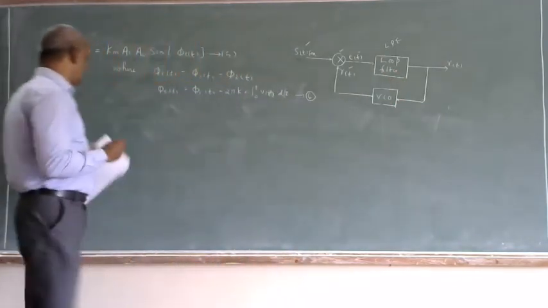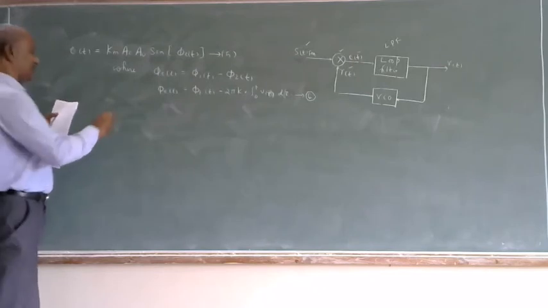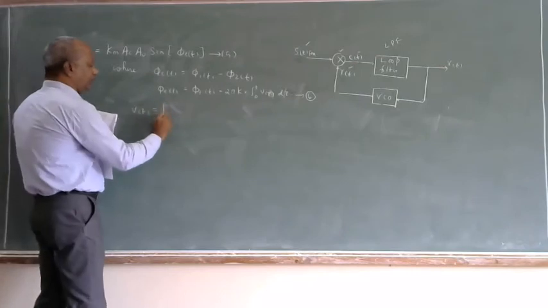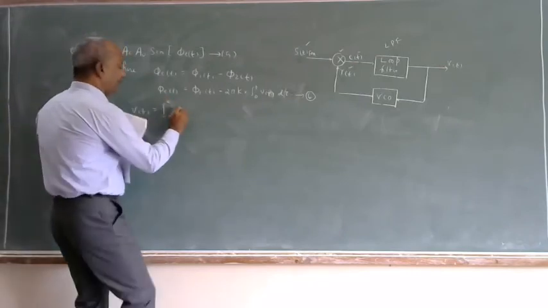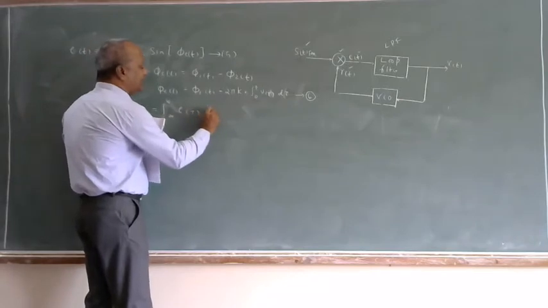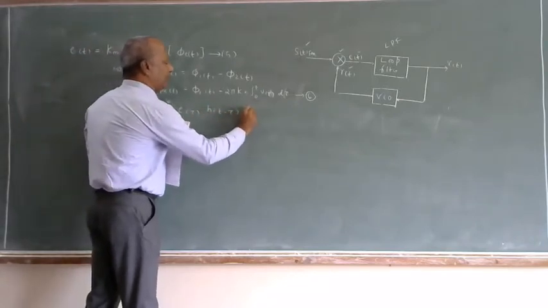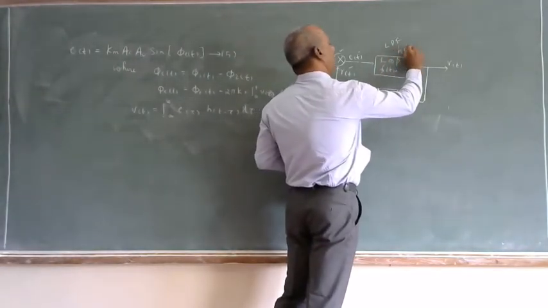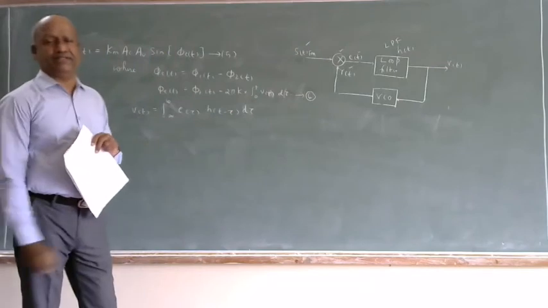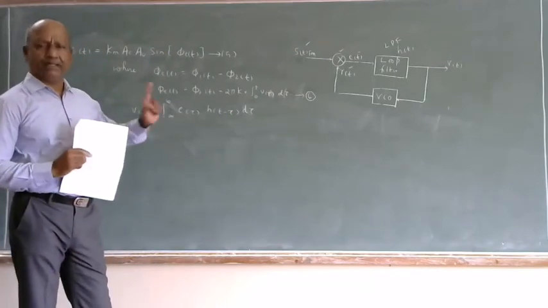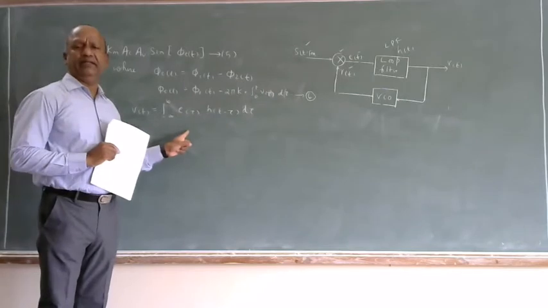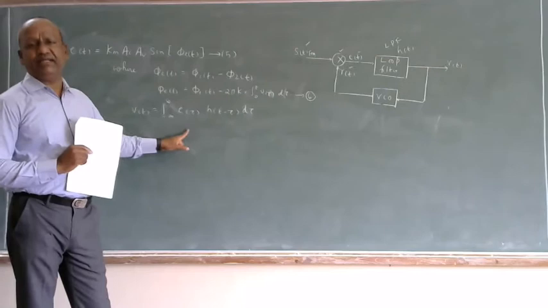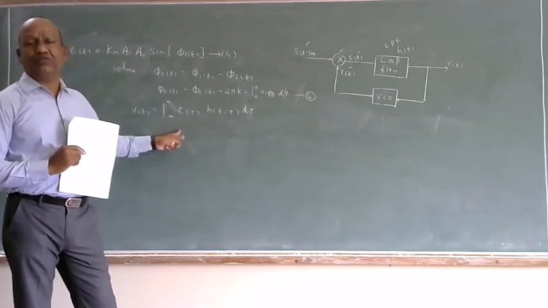So V of t is equal to the integral from minus infinity to plus infinity of E of tau into h of t minus tau d tau, where h of t is the transfer function of the loop filter. So I am writing the response of the loop filter in terms of its convolution integral form.